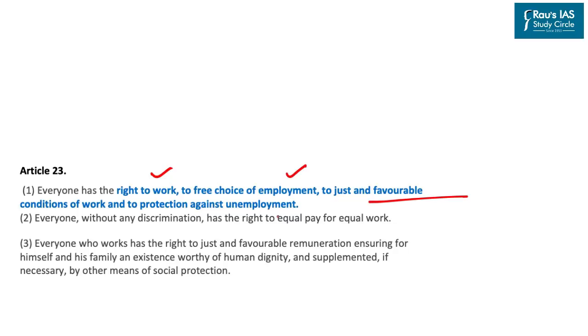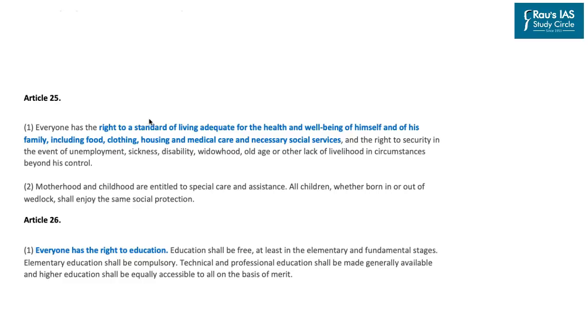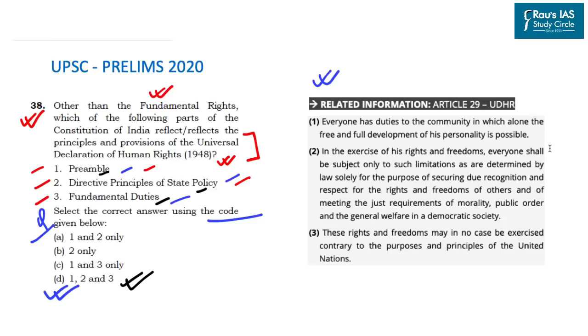Now some of these aspects can be found in the directive principles of state policy, including Article 25, which mentions the right to a standard of living adequate for the health and well-being of himself and of the family, including right to food, clothing, housing, medical care, etc. And Article 26 mentions that everyone has the right to education. So we understand that the principles of UDHR are reflected not only in the preamble, DPSP, and fundamental duties, but also in the fundamental rights.